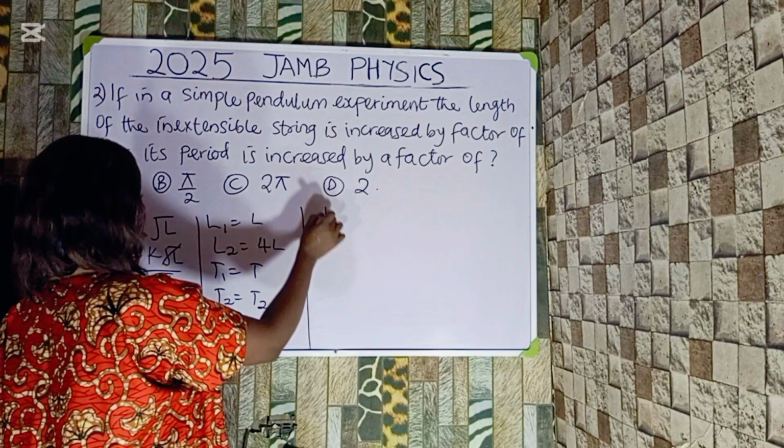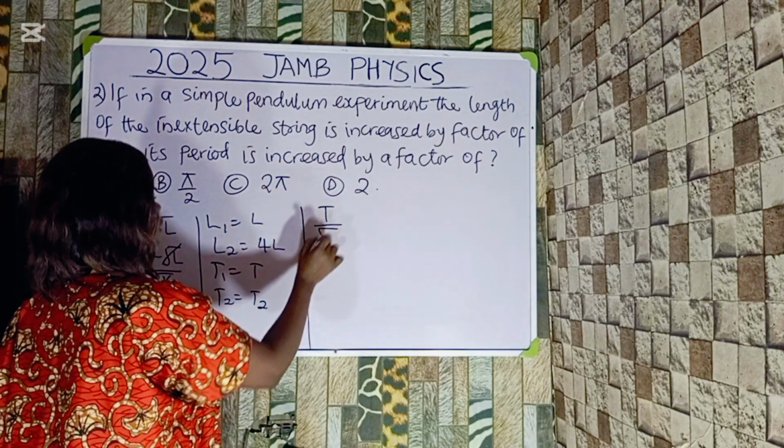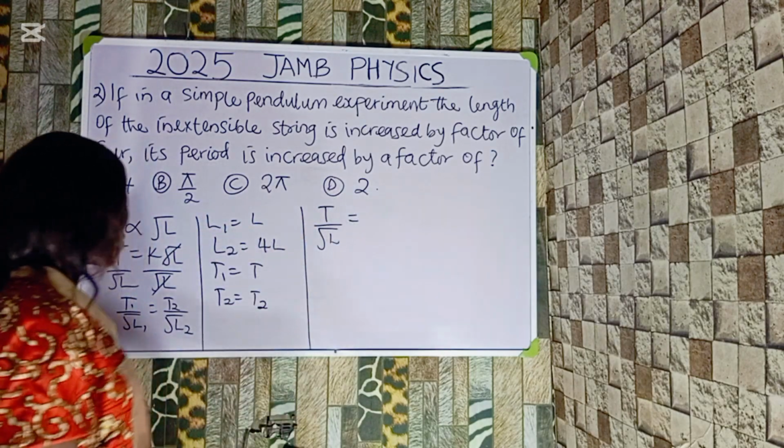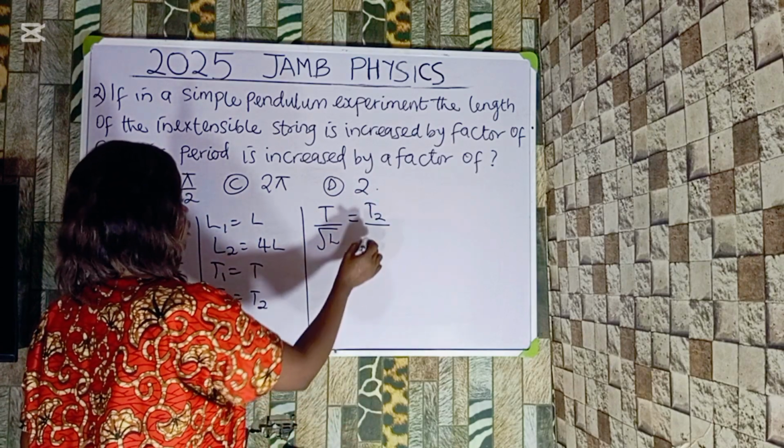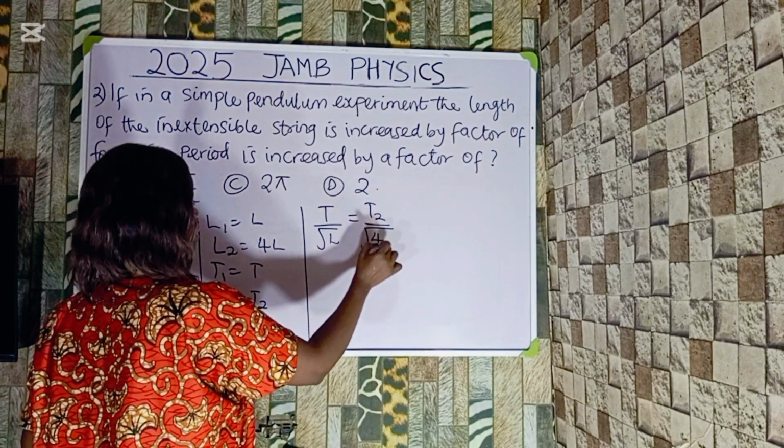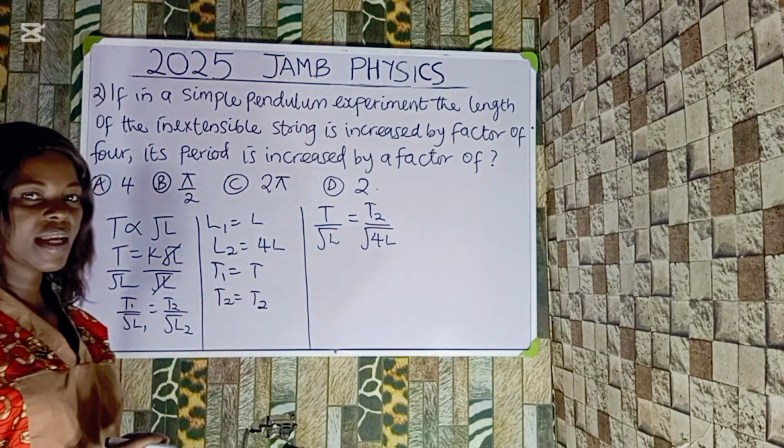So let's go. We say that T over root L is equal to T2 over root 4L.